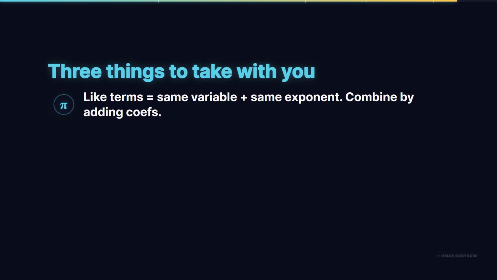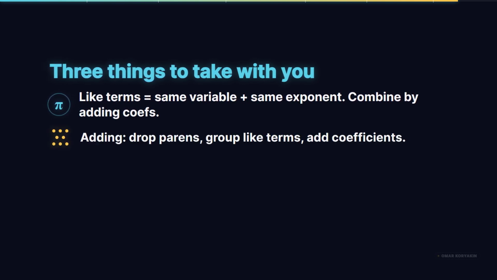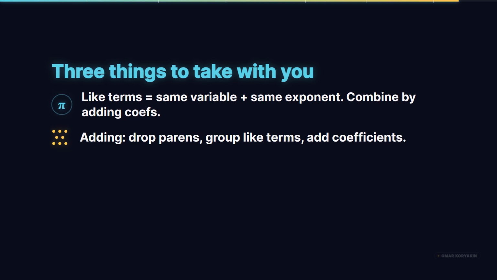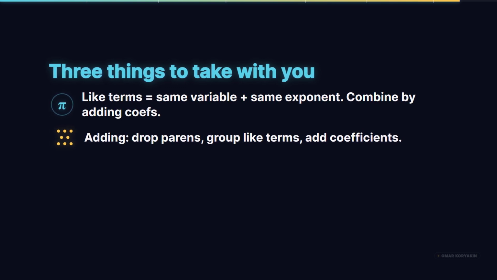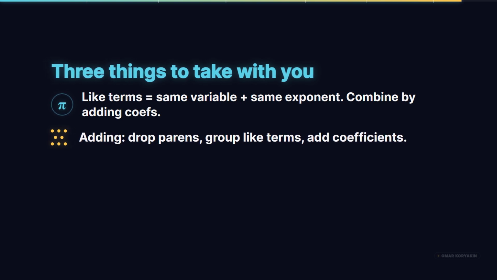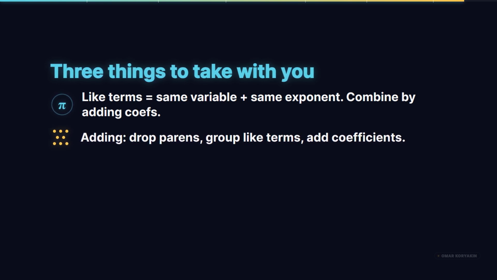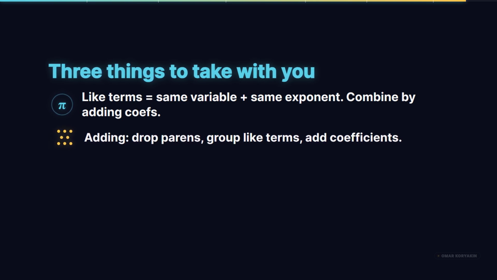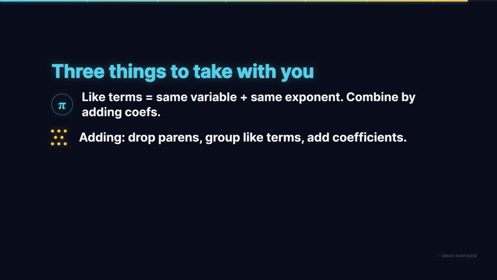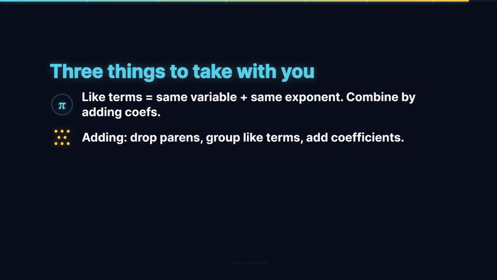Everything else is bookkeeping. Second, to add 2 polynomials, drop the parentheses around both and combine like terms by adding coefficients. The plus sign between the polynomials means every term in both polynomials keeps its own sign. After grouping and combining, write the result in standard form by descending exponent. The work is mechanical and produces exact answers reliably for any pair of polynomials.